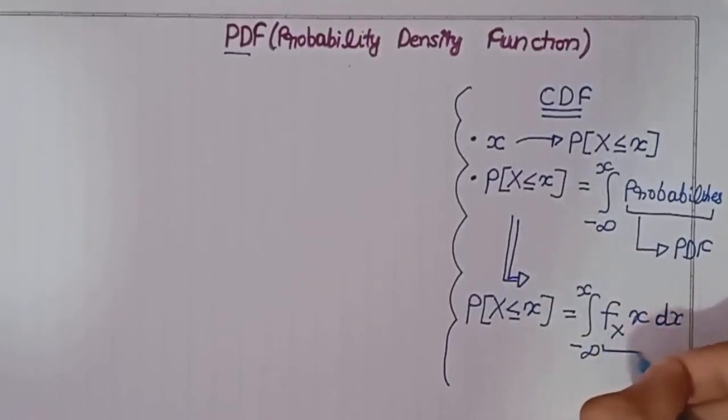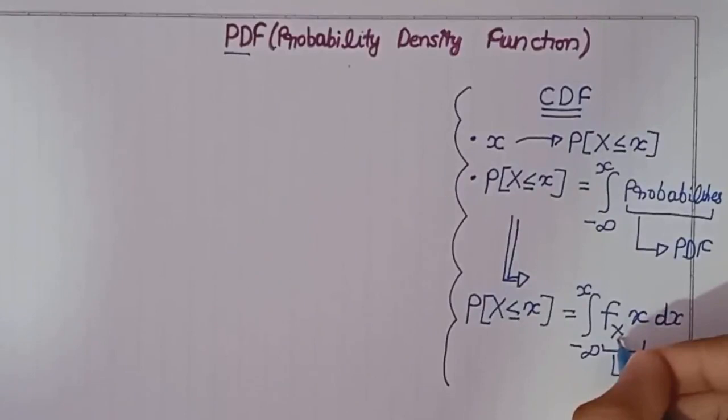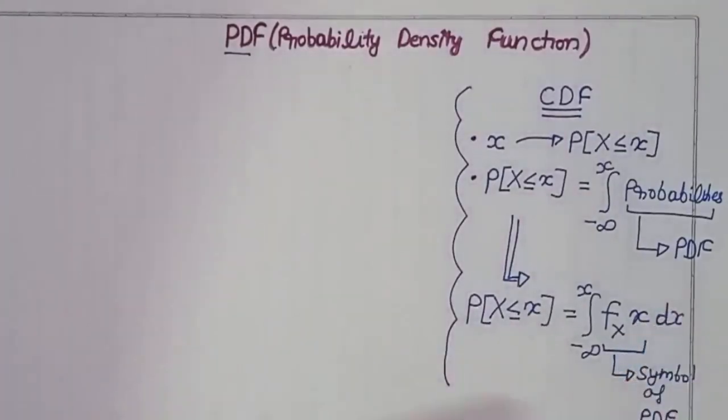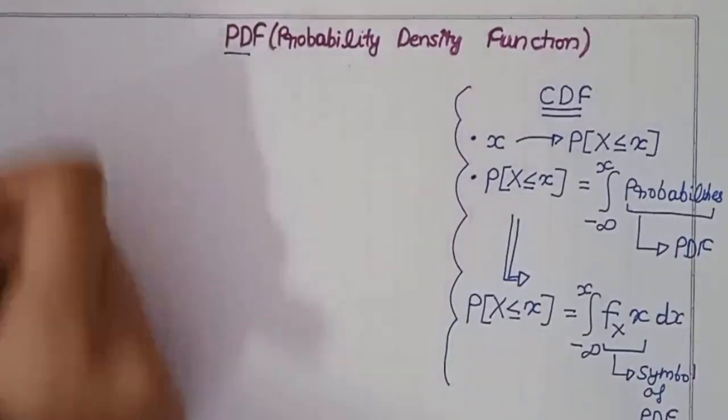Here this is the symbol of PDF, where this capital X is a random variable and this small x is a real number value. Now let us start with the PDF.